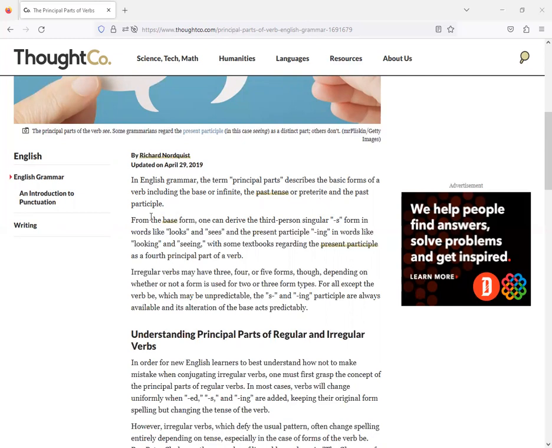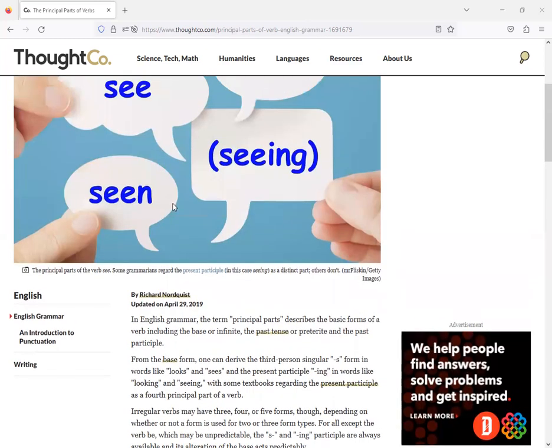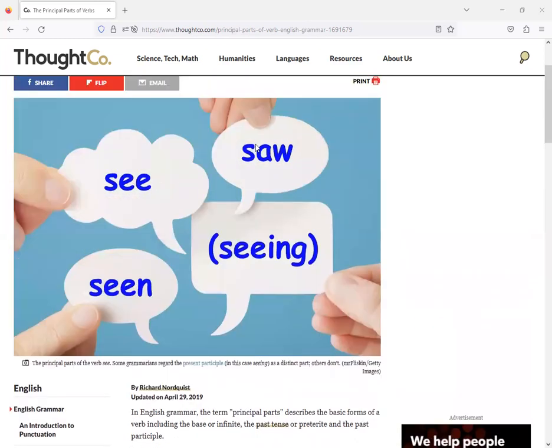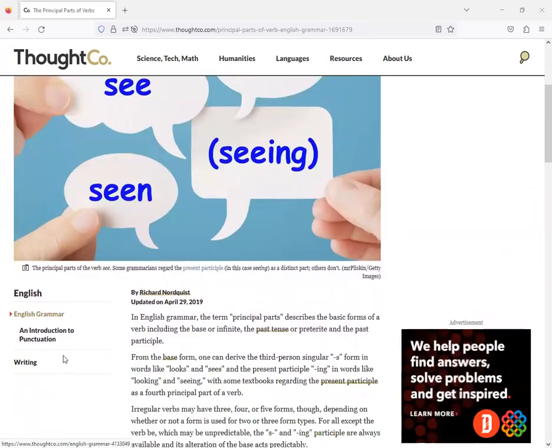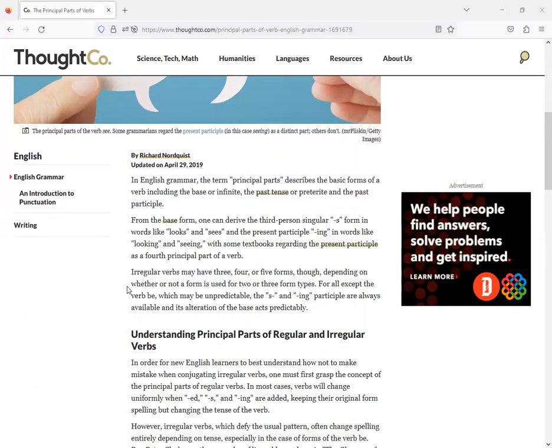The participle. So here we're talking about the present and the past tense and the participle. So we're going to describe the form of the verb in different ways, like see, saw, and with perfect tenses, we're going to use the third form, seen, if it's irregular, okay?